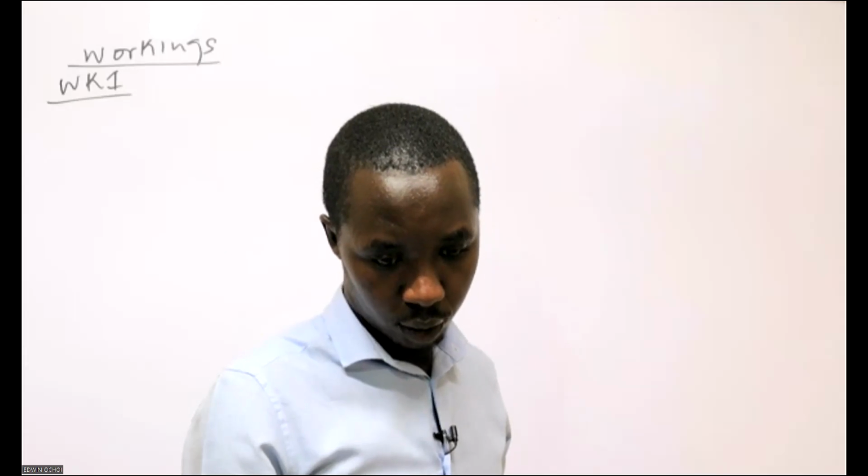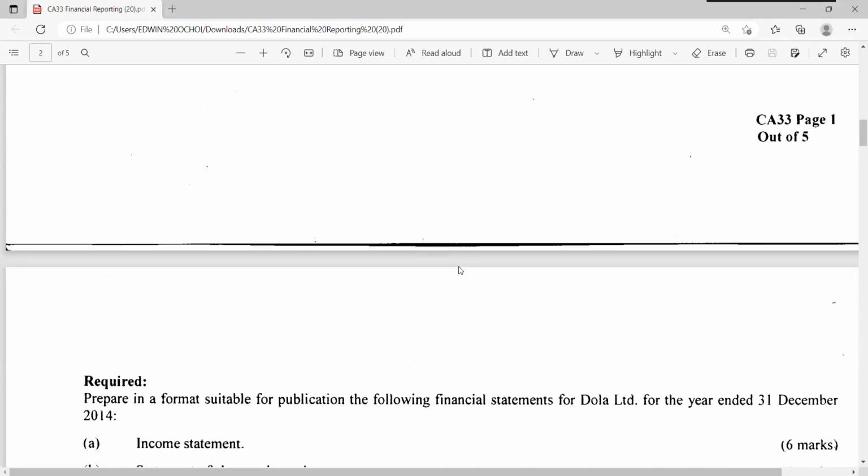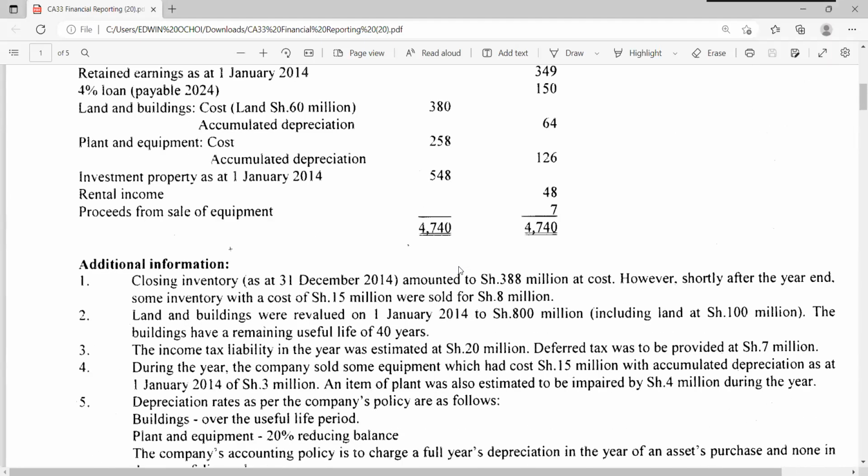So the additional information, we start from additional information number one. What you need to understand from additional information number one is they are testing you how you are supposed to account for the inventory. Closing inventory as at 31st December 2014 amounted to 388 at cost.